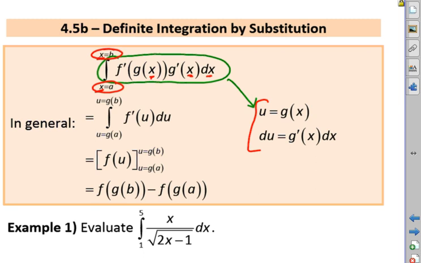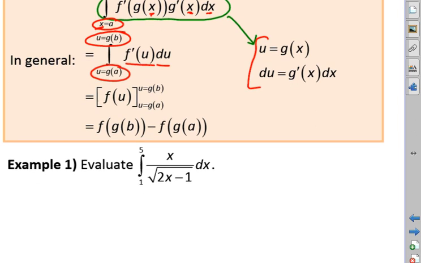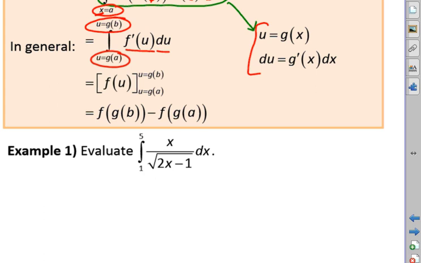So we talked about the f prime of u du part, but now if u is our g of x, then we need to change our limits in terms of that g. So then when we evaluate, I don't have to go back into terms of x. I can just simply evaluate using u.